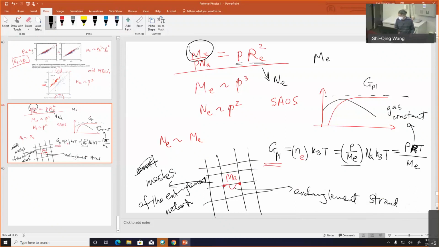And if you have seen this formula for the first time, fine. But try to remember it because this is a very useful formula saying that G is 1 over ME. And this is how folks determine ME, by reasoning that this is how it is involved in the plateau modulus.